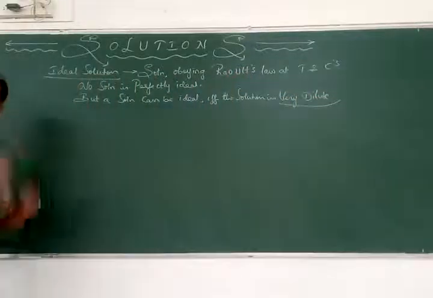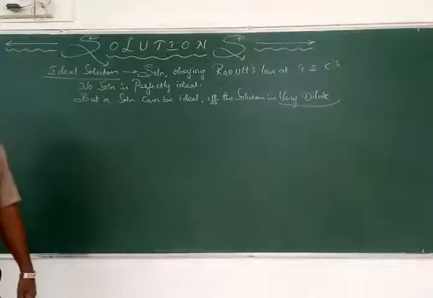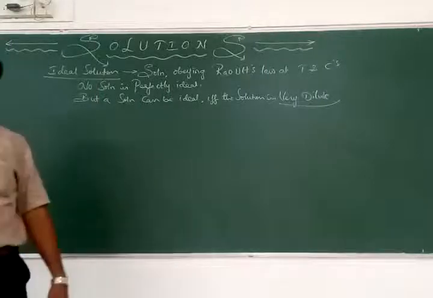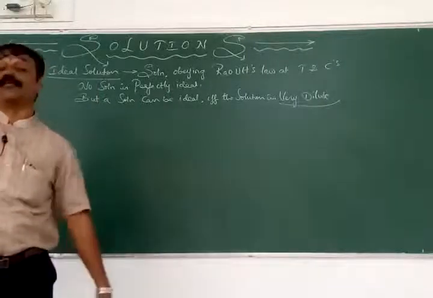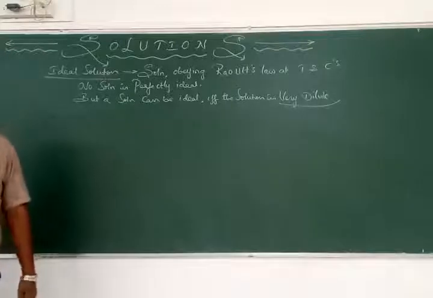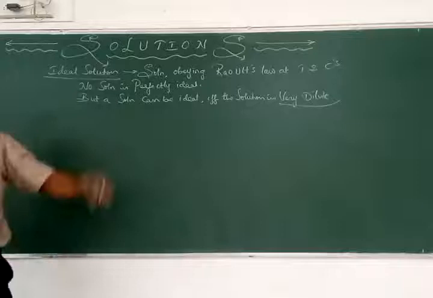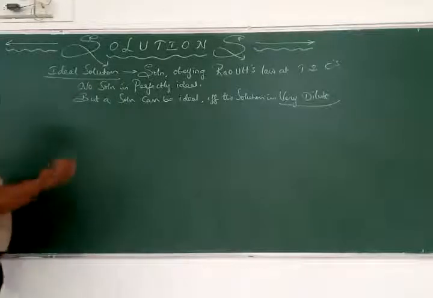Means we can make the solution ideal if and only if it is very dilute. Sorry, very dilute in nature. We have to have a very small amount of solute added to a large excess of solvent, which refers to the dilute solution.